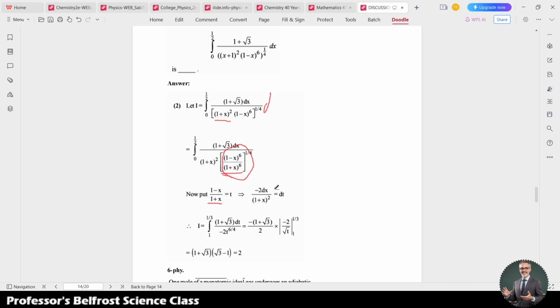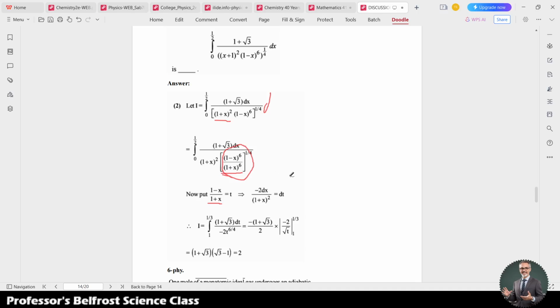And now you substitute this into the form. So you change the dx into 1 plus x squared by minus 2 dt. Also this one, 1 plus x squared, you change it into the respective form.